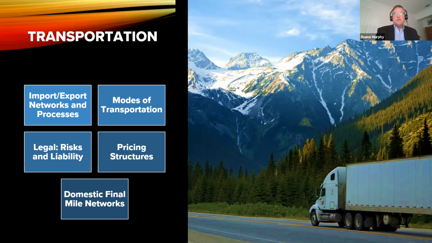UPS, FedEx, and Amazon are changing how we order our products online and how they are delivered to us. So we'll be spending a lot of time there. This is a very revolutionary period in the logistics world when it comes to domestic distribution and that final mile, the package delivered to your door.